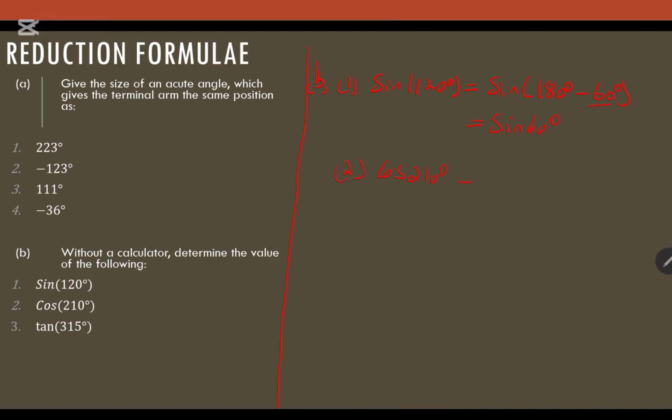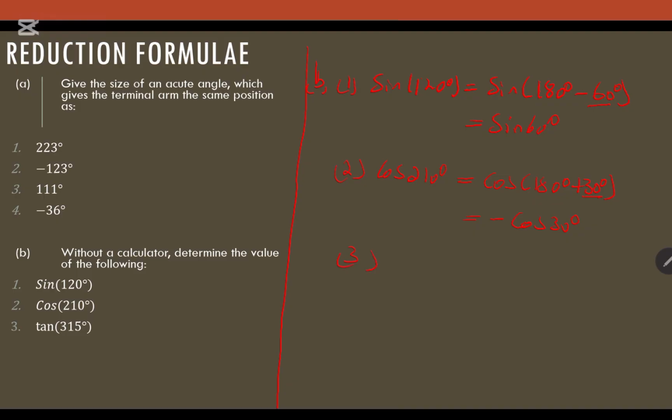So this angle therefore can be expressed as cos of 180 degrees plus 30 degrees. Now 180 plus 30 will give us 210. So that is the same as that angle there. Now our reduced angle is 30 degrees. In the third quadrant, only tan is positive. So this will be negative cos 30 degrees.